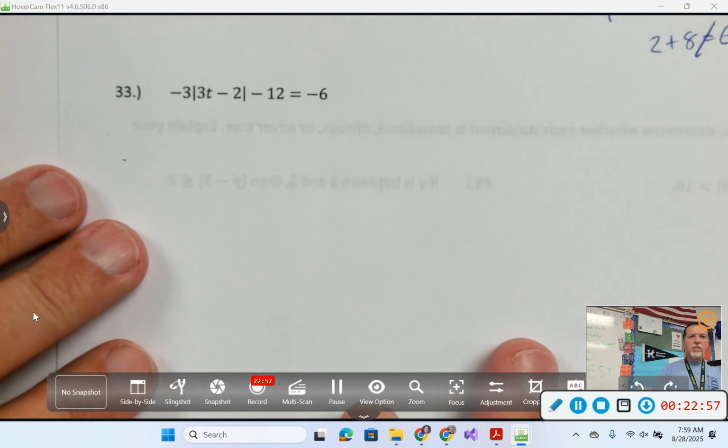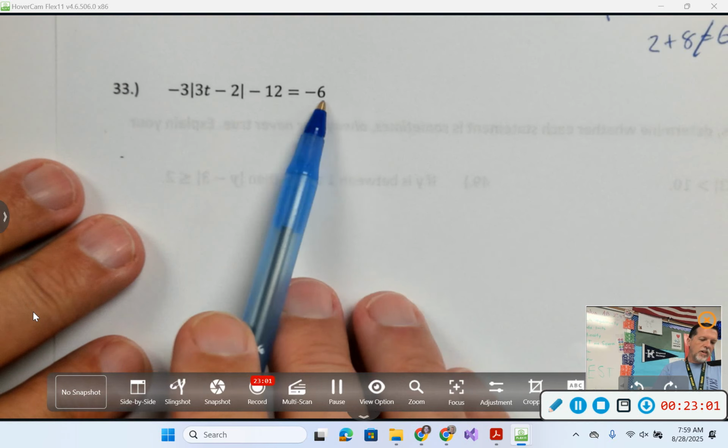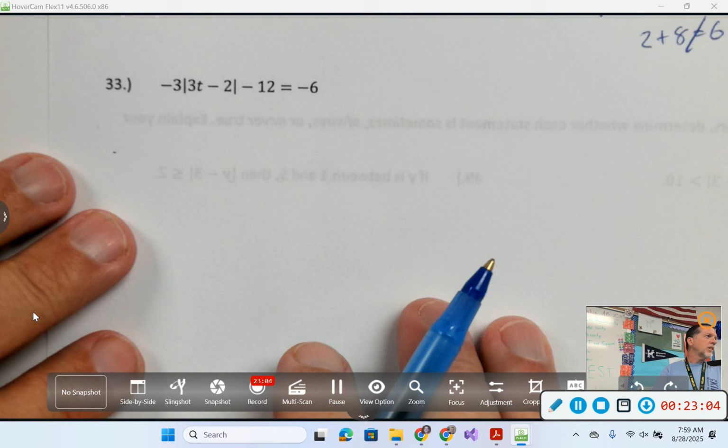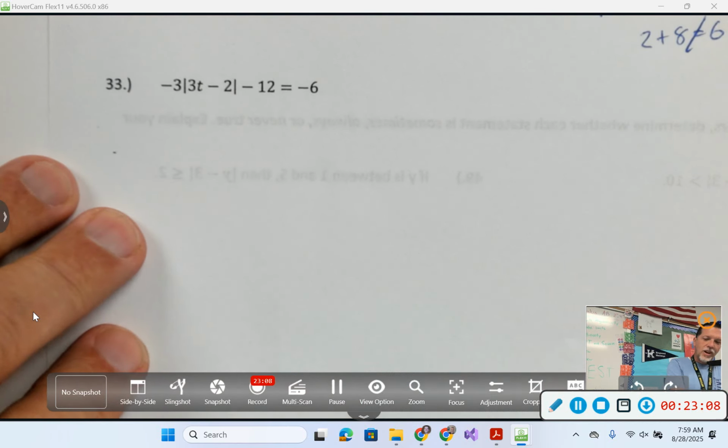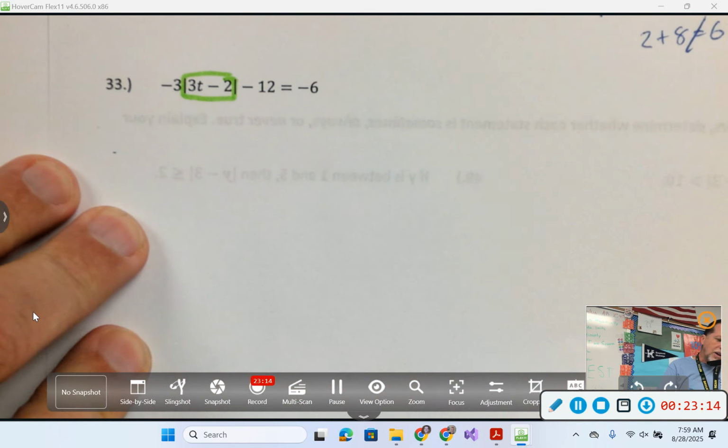So what about 33? I got absolute value and a negative. Is that no solution? No, you're jumping ahead. You gotta get the absolute value thing by itself first. Then we can see if we can bail out on this.